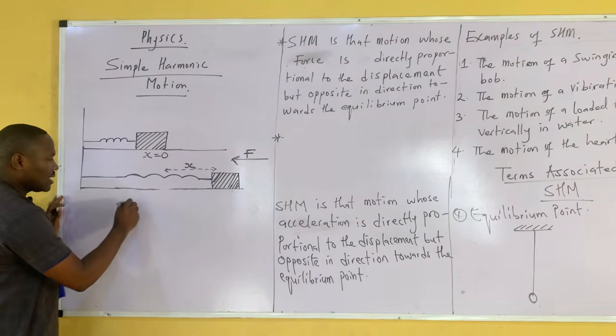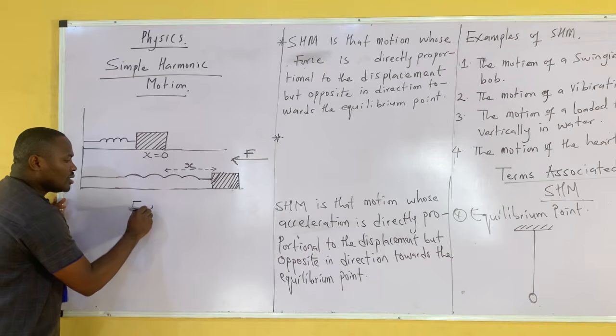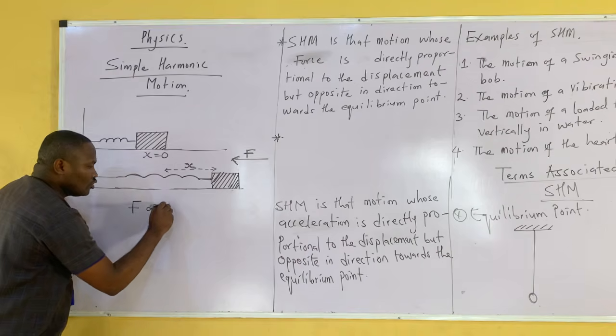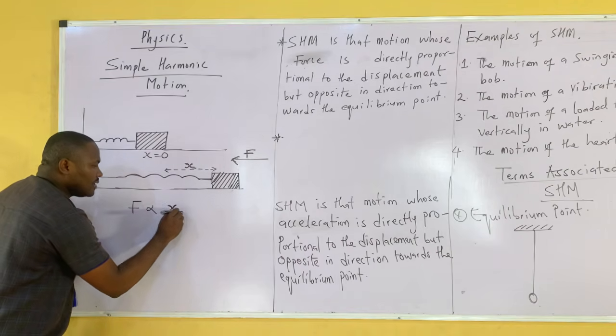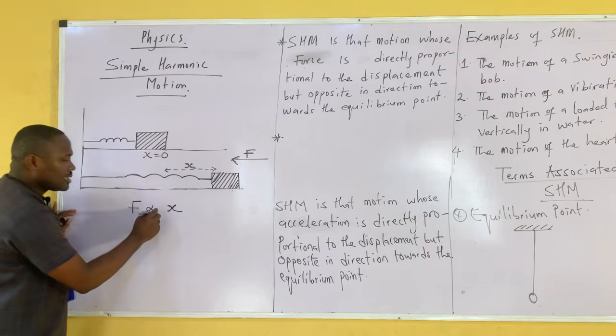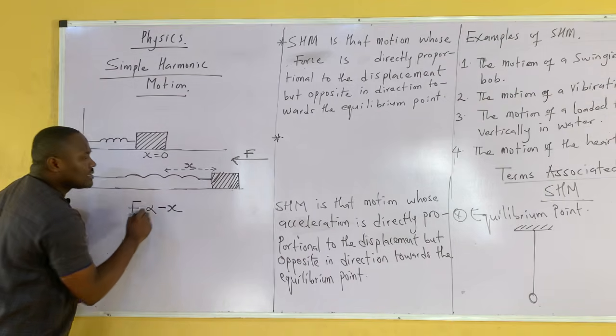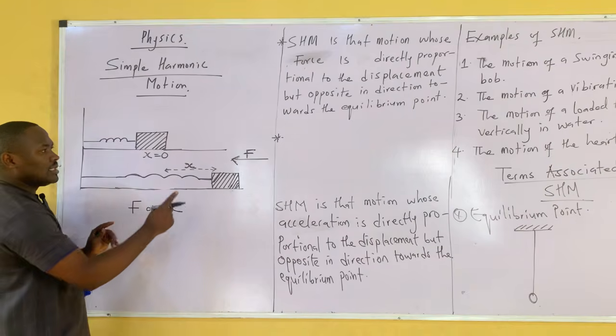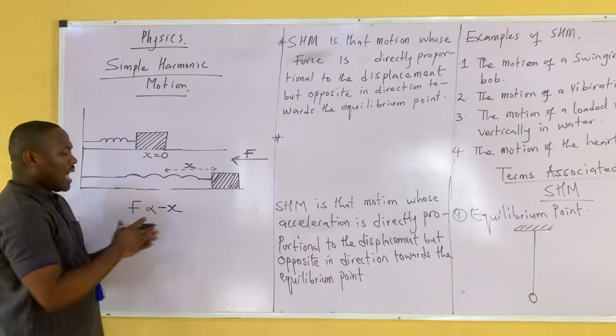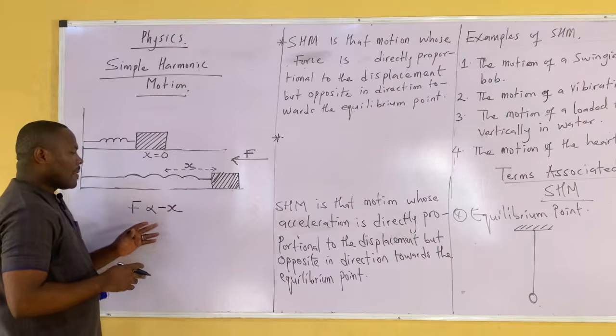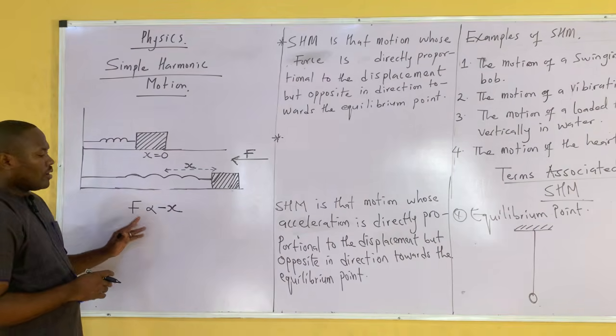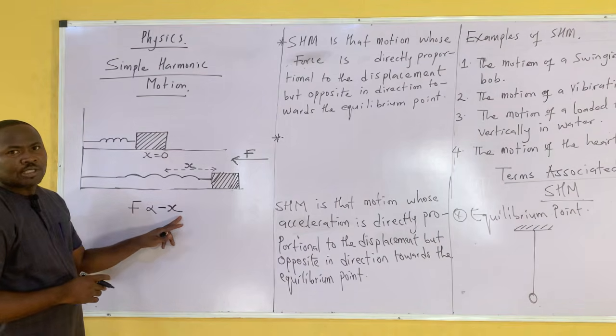So I can say that F is proportional to x. Leaving it as x will not be nice, but adding a negative sign shows that the displacement and the force are in opposite directions. Now, according to Hooke's law, force is proportional to extension.